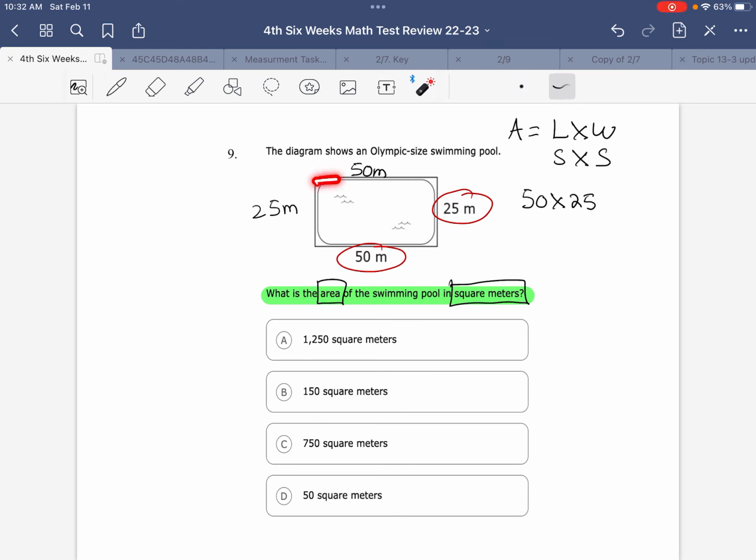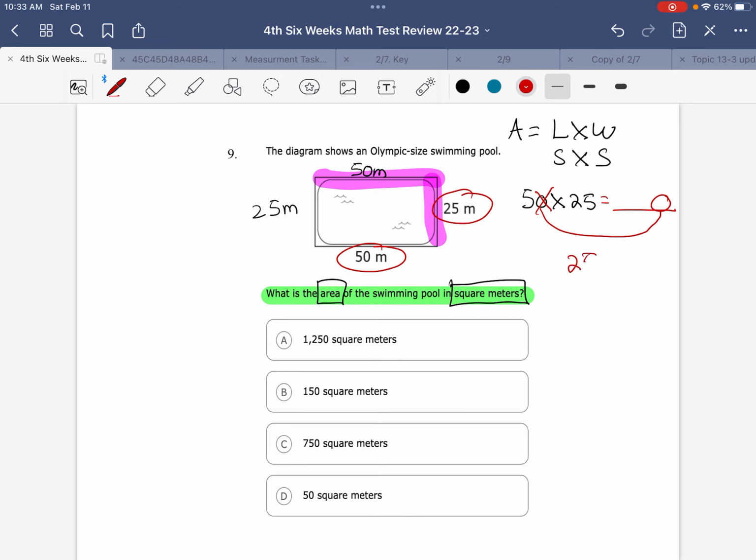Because I'm doing side times side. When I multiply this, I have an egg, so I'm going to move my egg, cross it out, and I'm left with 5 times 25.